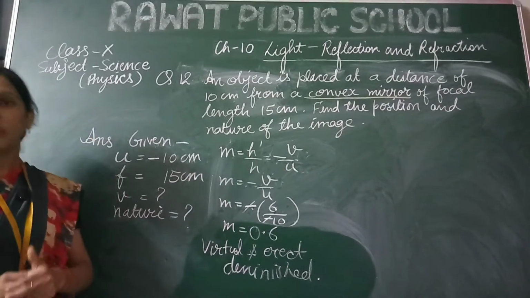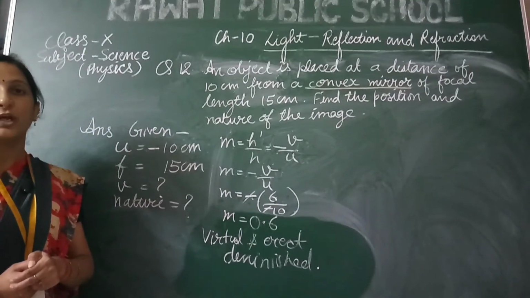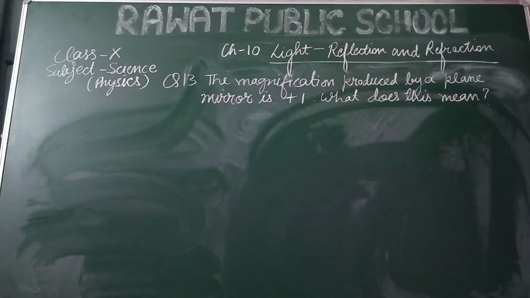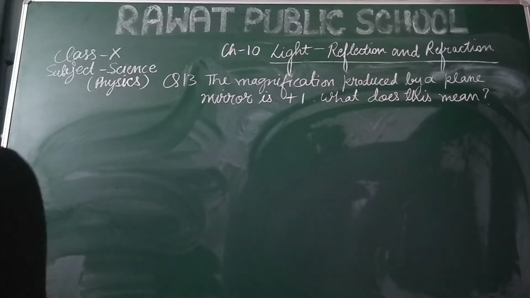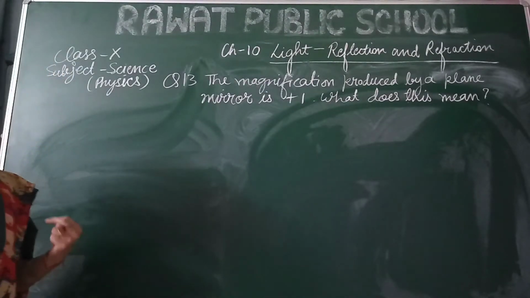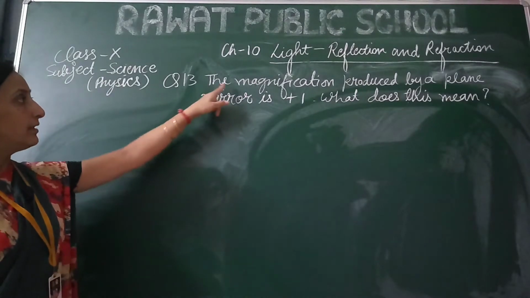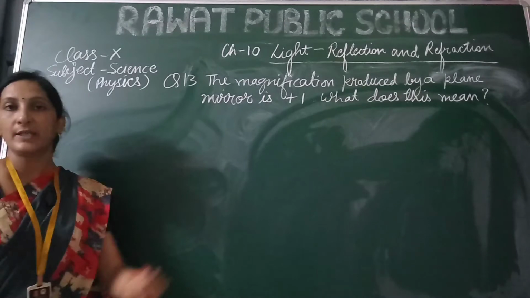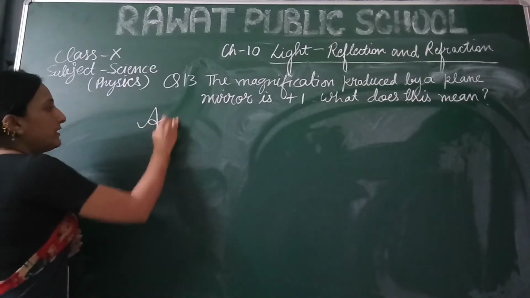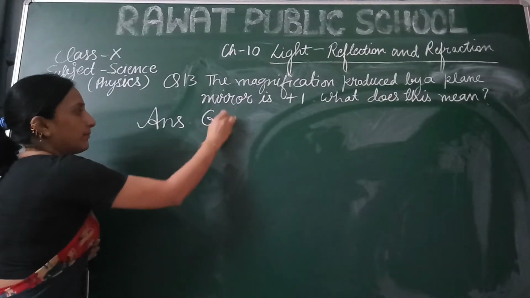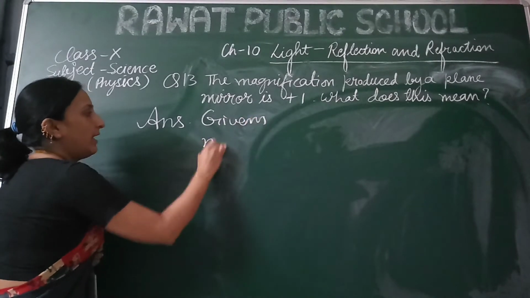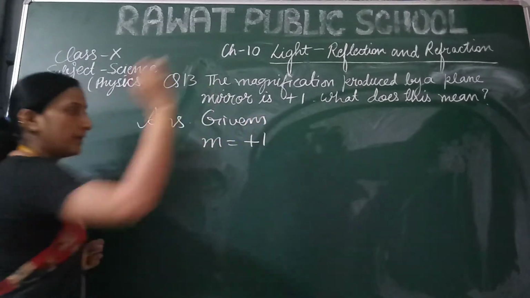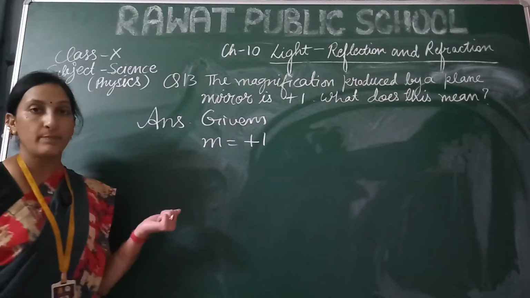Now come to the next question, that is question number 13. The question number 13 is, the magnification produced by a plane mirror is +1. What is given? The magnification M is +1. What does this mean?